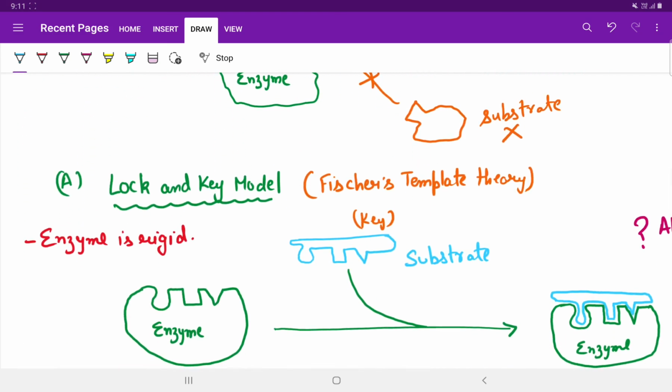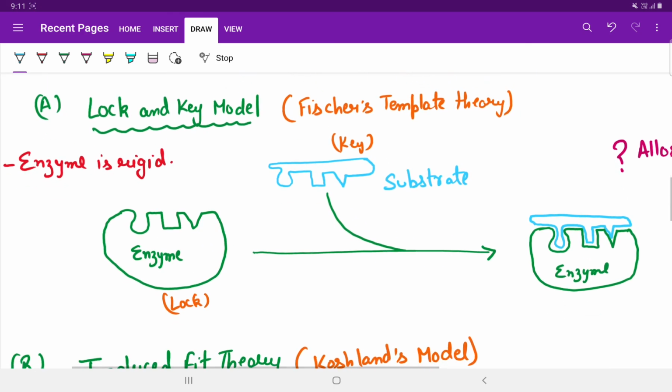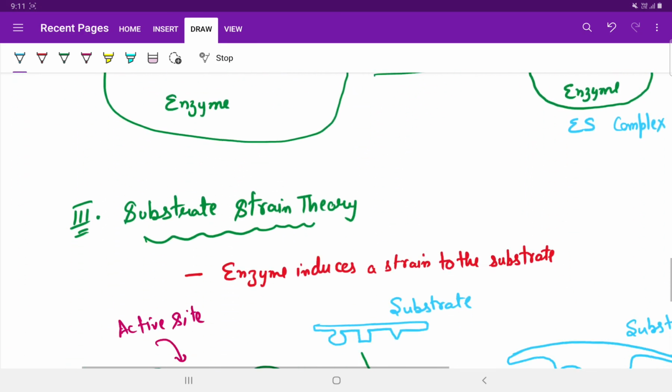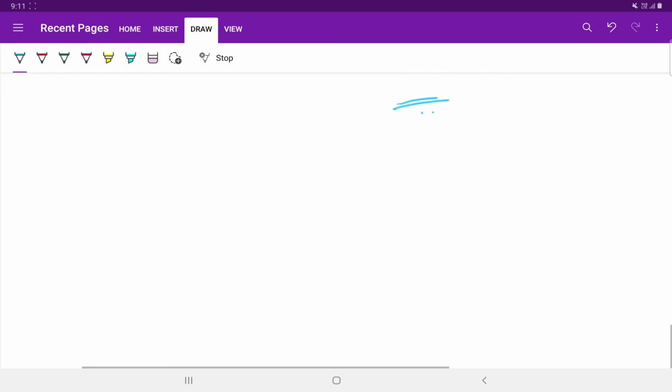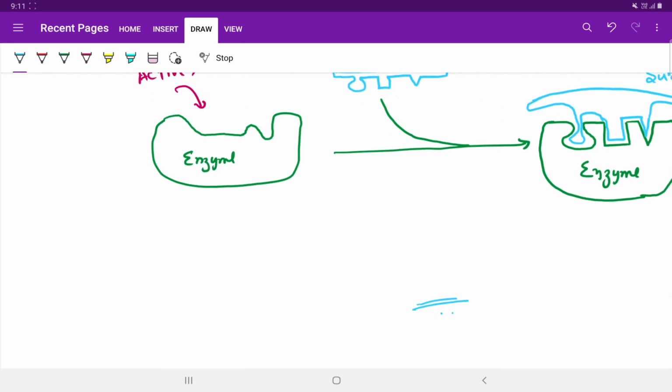The active site is explained by the lock and key model, the Fischer's template theory, then by the induced fit theory, and last by the substrate strain theory. So Koshland's model and the substrate strain theory are the perfect explanation to consider the operations of enzyme action.